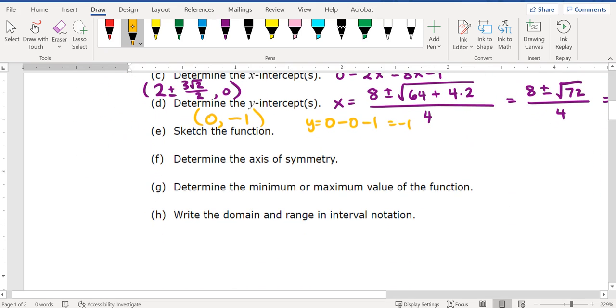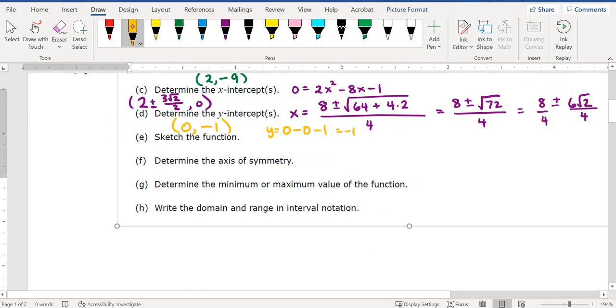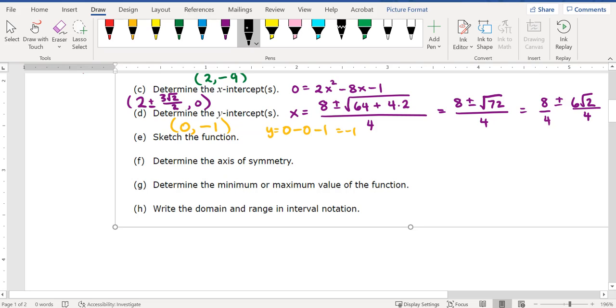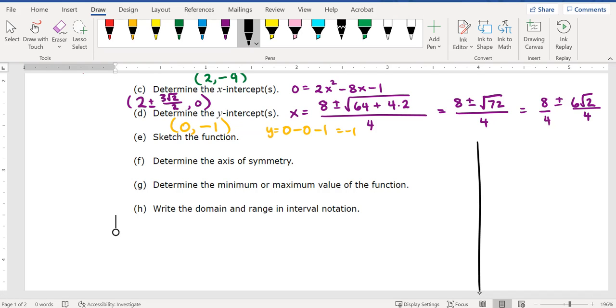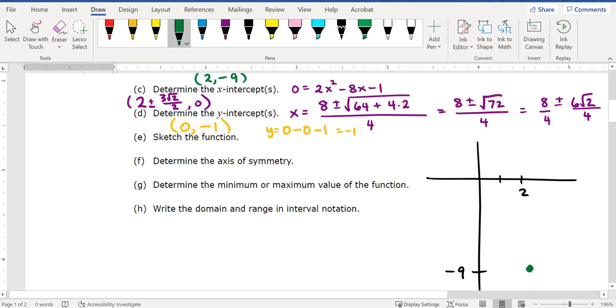Okay, I'm supposed to sketch the function. So here's (2, negative 9). That was my vertex. It opens up.